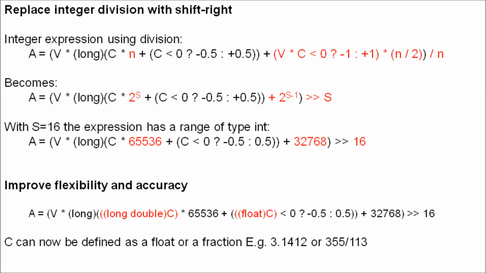Enclosing the constant c in brackets with a floating point typecast increases the flexibility of the expression. The constant c can now be defined as an integer fraction as well as floating point. Also, the accuracy of the product c times 65,536 can be increased by using a type long double floating point cast.